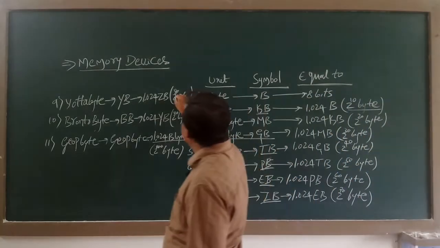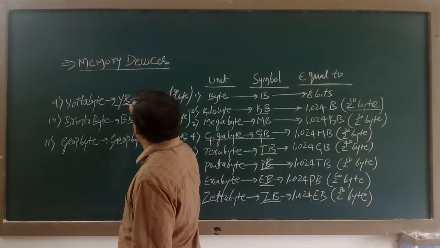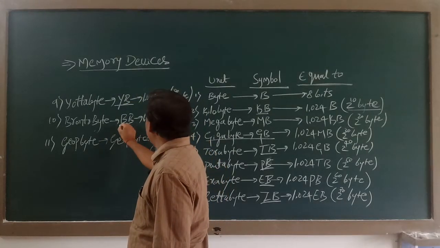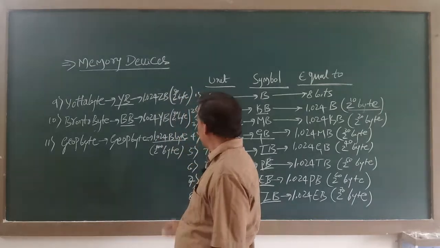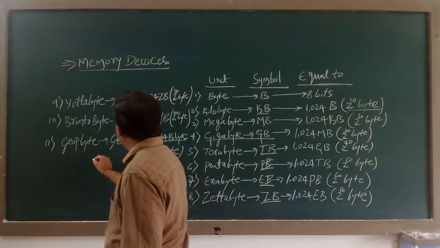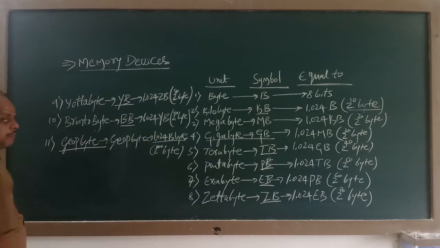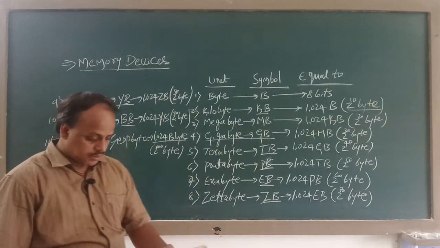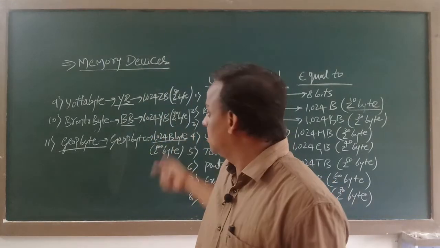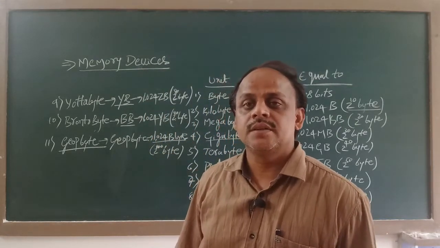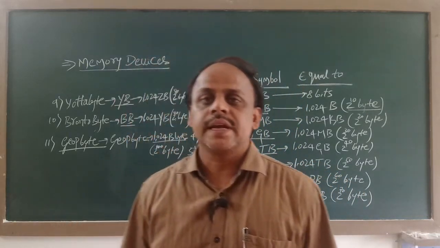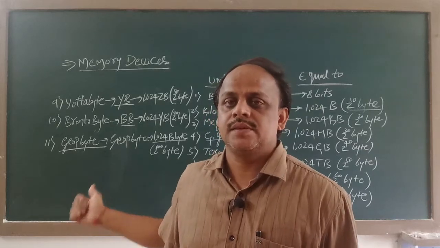2 power 80 means 1 yottabyte. 2 power 90 means 1 brontobyte. 2 power 100 means 1 geobyte. So these are the units that are going to be used for the secondary memory devices, right?